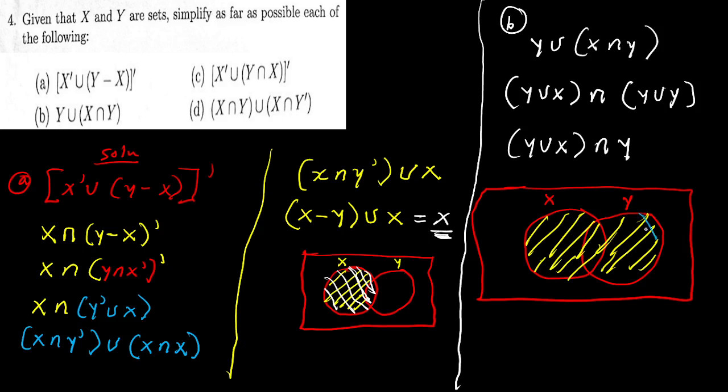So this is set y, which I'm shading in blue. If you look at where y union x is in yellow, and where y is in blue, where are these two sets intersecting? They're just intersecting on y.